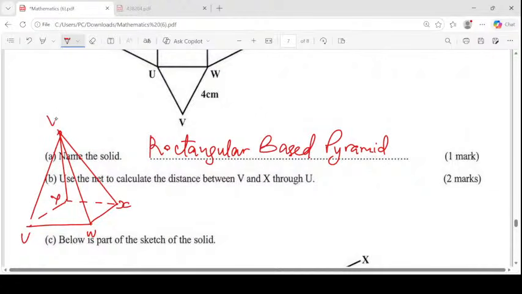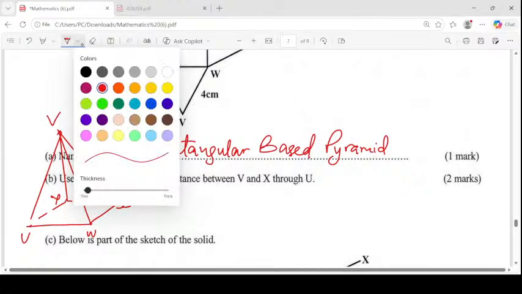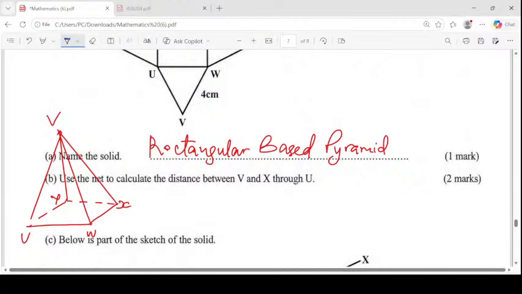then this is V. So when they say V to X through U, they mean this path, which I want you to understand now. First I'll move from V to U this way. I hope you can see my green pen.